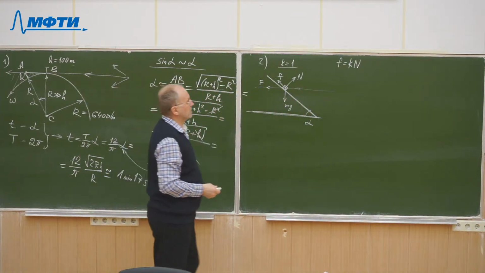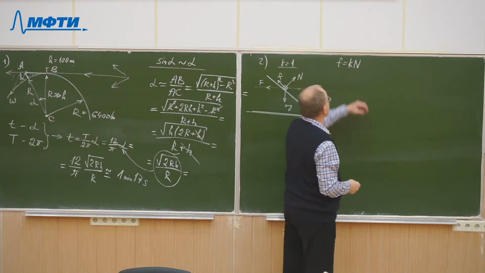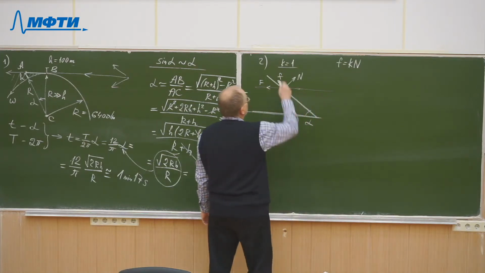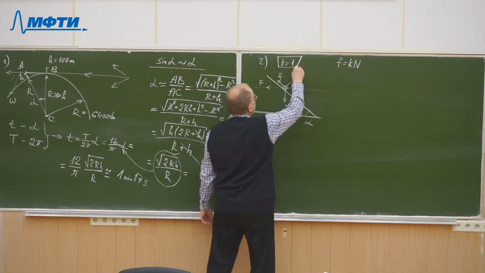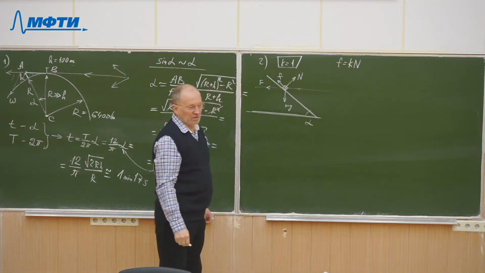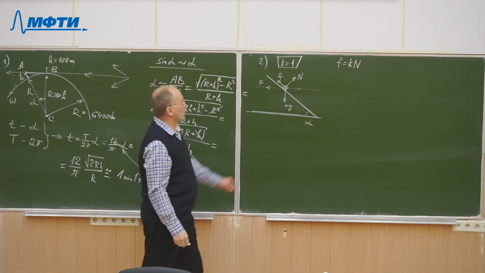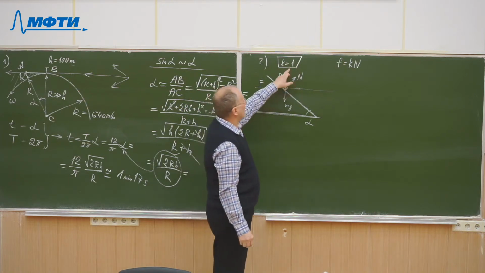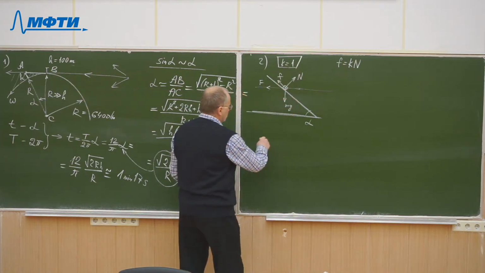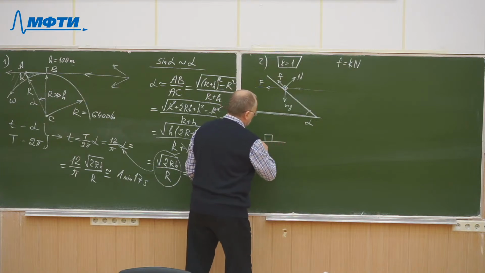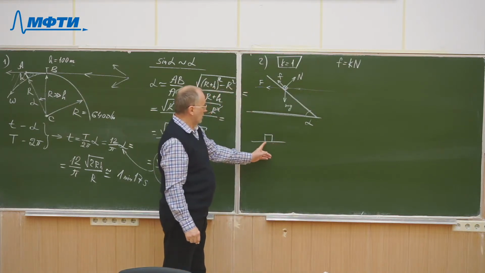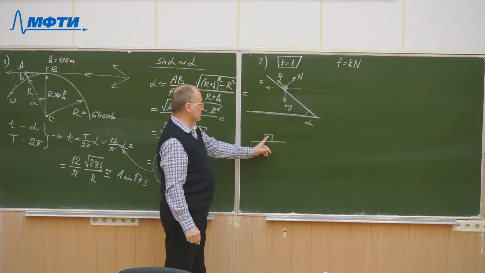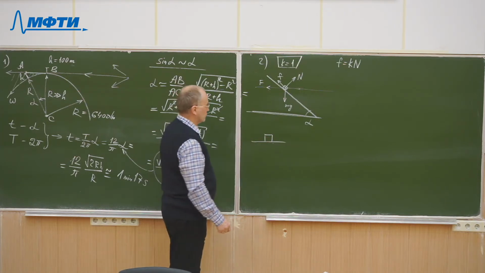And we know that the coefficient of friction doesn't always take its maximum value. The coefficient of friction is not always maximum. This is the maximum possible coefficient of friction. But if the body is just on the horizontal surface, what forces of friction act on this body in this situation?